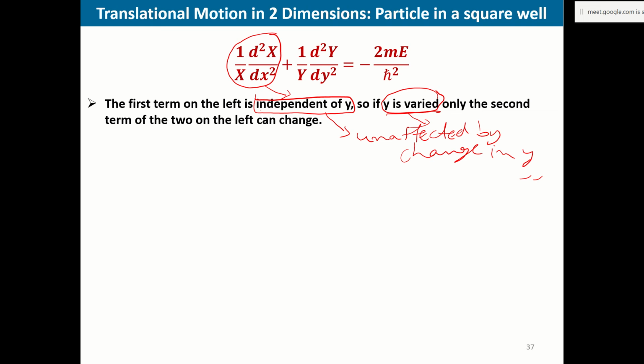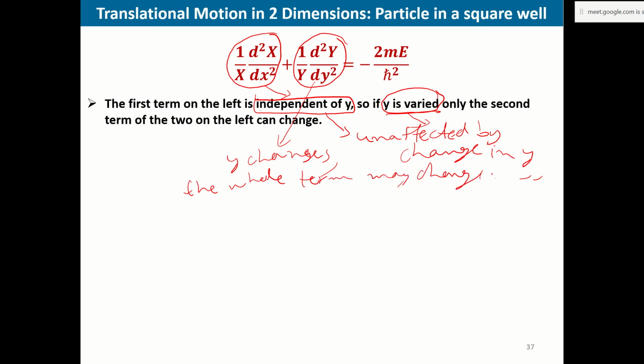Now the second term: if you look at the second term, when y changes, the entire term may change because it is a function.